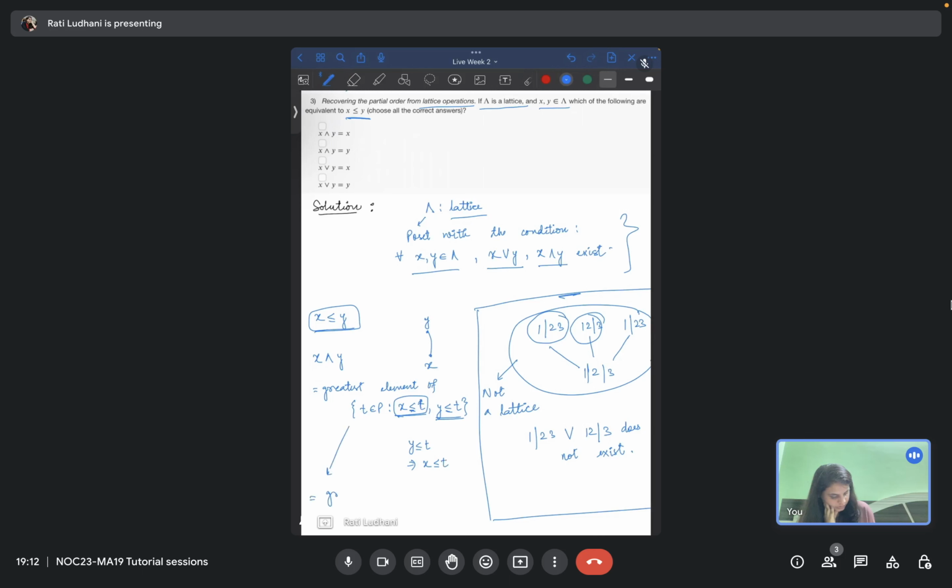So this is the greatest element. What am I missing? Which condition can I remove here, basically?